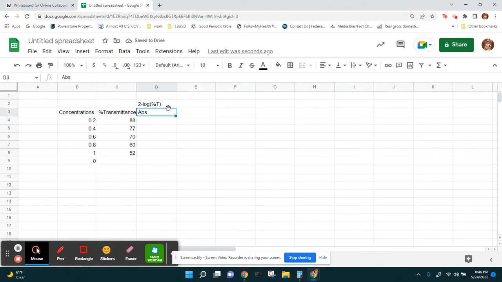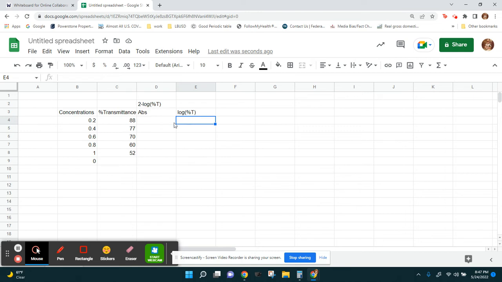You can get a logarithmic function in the spreadsheet here in Google Sheets, but I haven't found a way where I can just write out the equation and then put the function in the middle. So what I'm going to do is make a column that is the logarithm of percent T, because I know how to do that. And then I'll just make this one 2 minus whatever that is here.